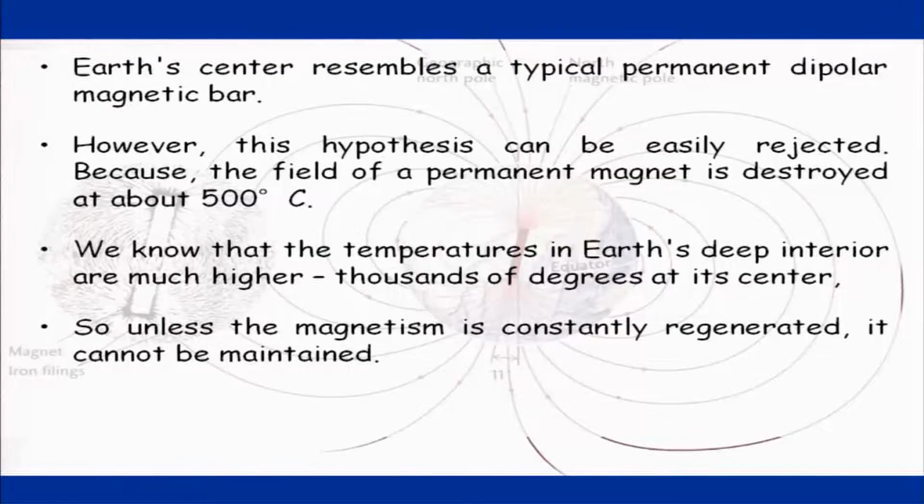Then why do we still have the magnetic field that exists? So this is very important, that unless there is a regeneration of the magnetic field, the permanent magnet which we observe or experience, the magnetic forces will not exist.